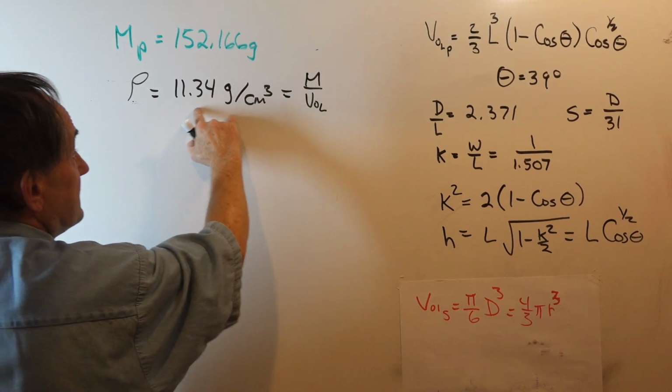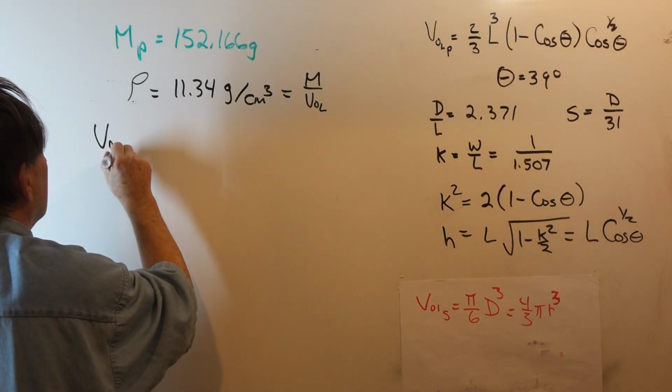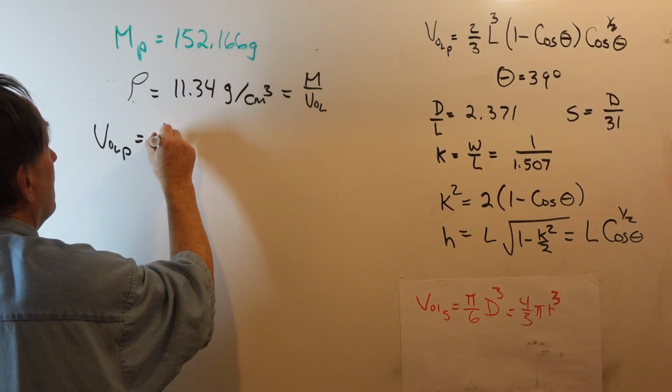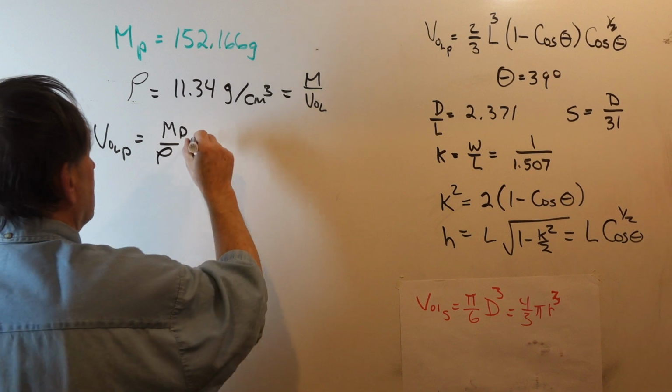Well, we know the density, we know the mass, so we can solve for volume. So the volume of the pyramid will be the mass of the pyramid divided by the density of lead.